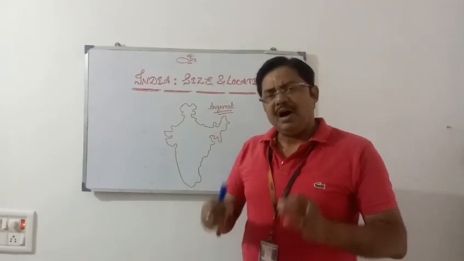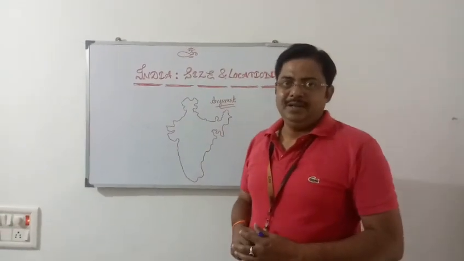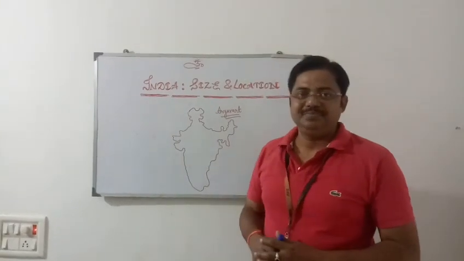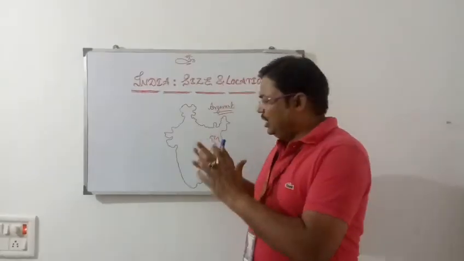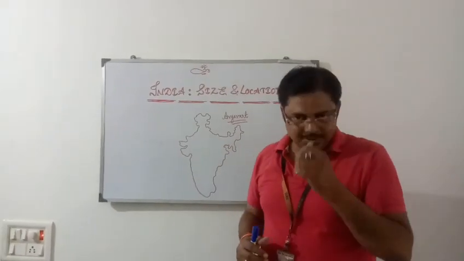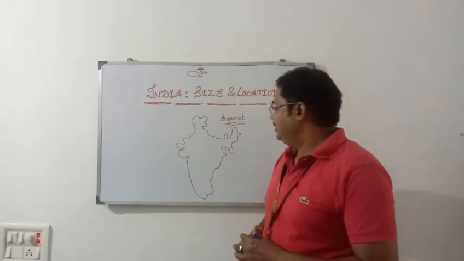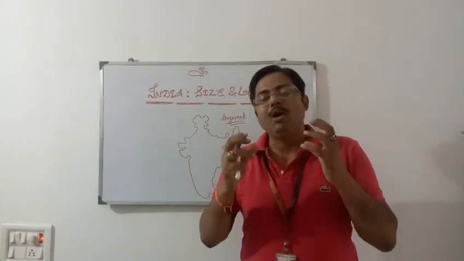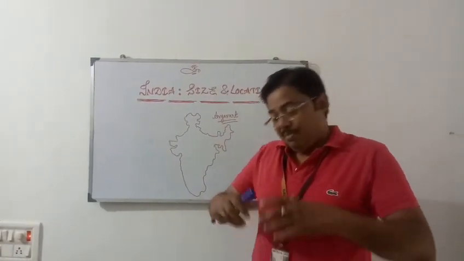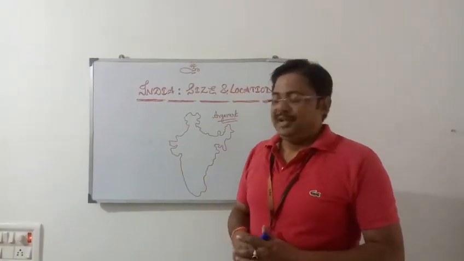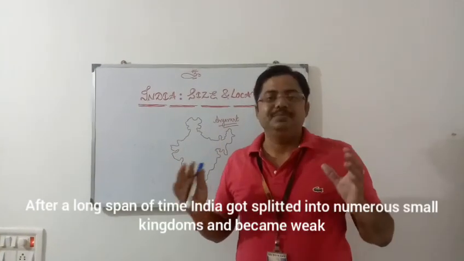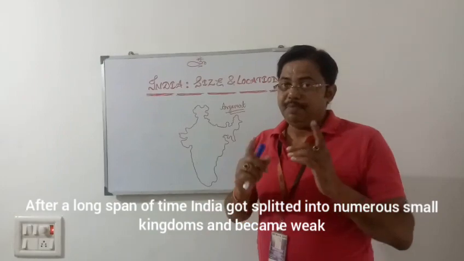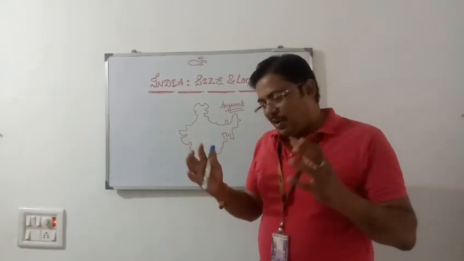It is a matter of misfortune that at that time our country was ruled by so many rulers. It means various small kingdoms emerged. India was divided into so many kingdoms. The rulers were very powerful, but they were not united.